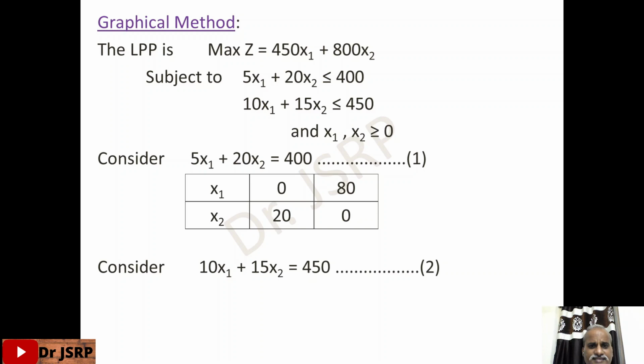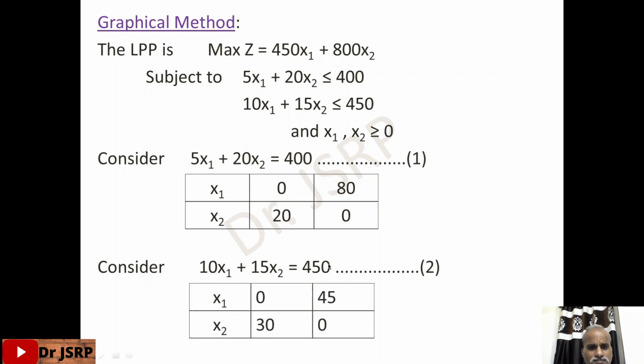Consider the second inequality as an equality, that is 10x1 plus 15x2 equals 450. Similarly, find the intercepts on the coordinate axes. If x1 is 0, then 15x2 equals 450, x2 equals 30.